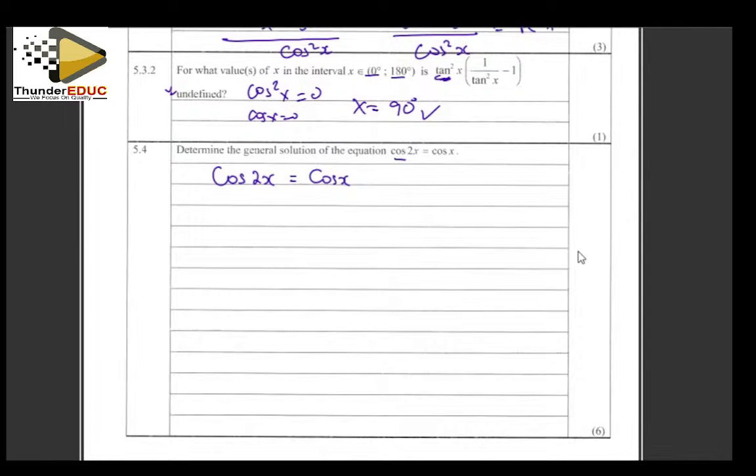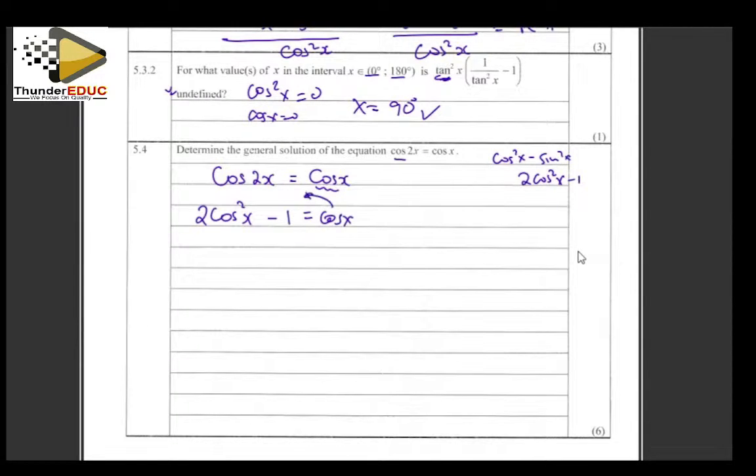The easiest way to do this is by breaking down this cos 2x, this double angle of cos, into the format of cos. We said it is cos squared x minus sine squared x, which is the same as 2 cos squared x minus 1. So let's express this in that form: 2 cos squared x minus 1 is equal to cos x.